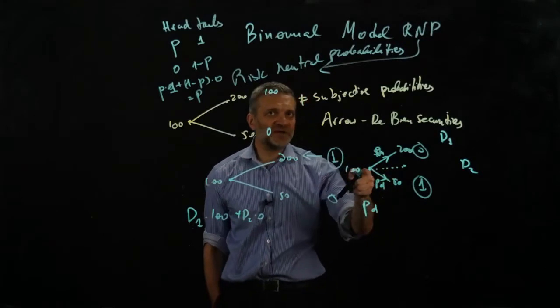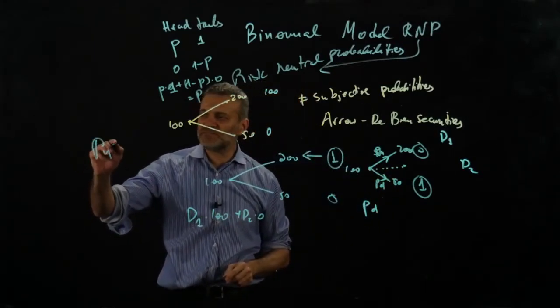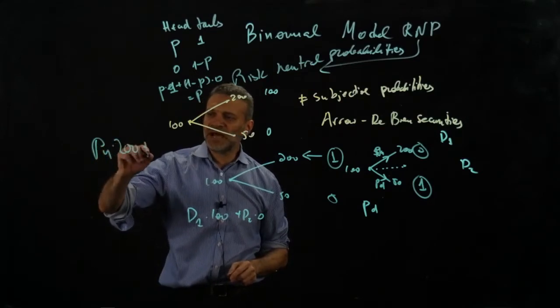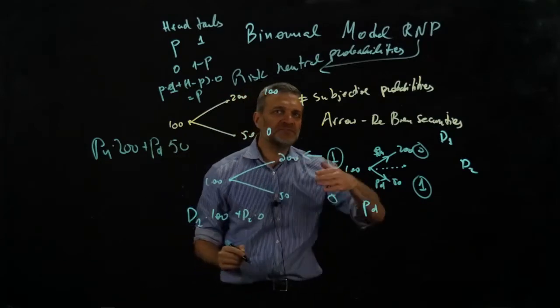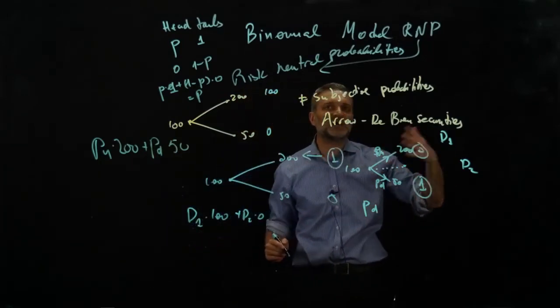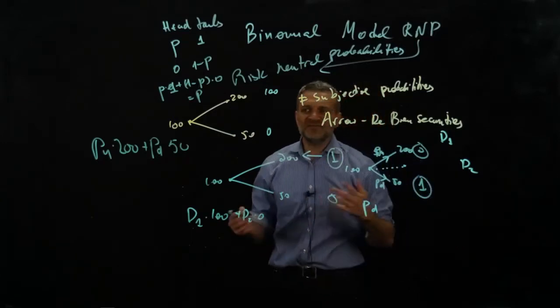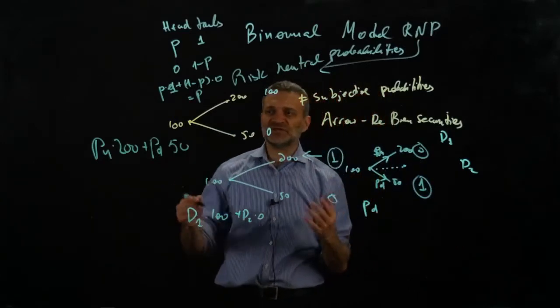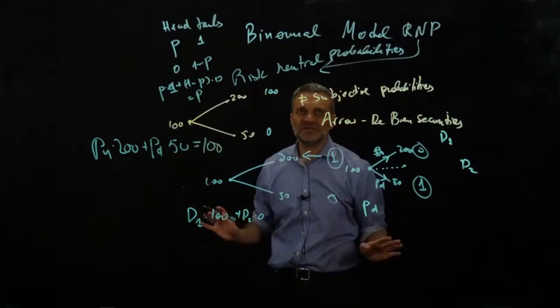The expected value is going to be the probability of going up times 200 plus the probability of going down times 50. And the expected value in the future is my futures price of the stock, and because you don't have interest rates, it is just 100. That's all there is to it, okay?